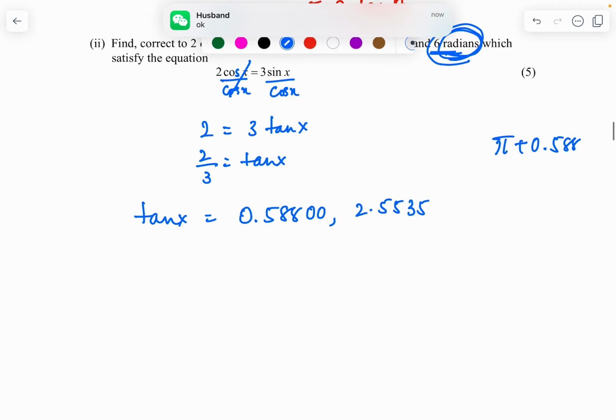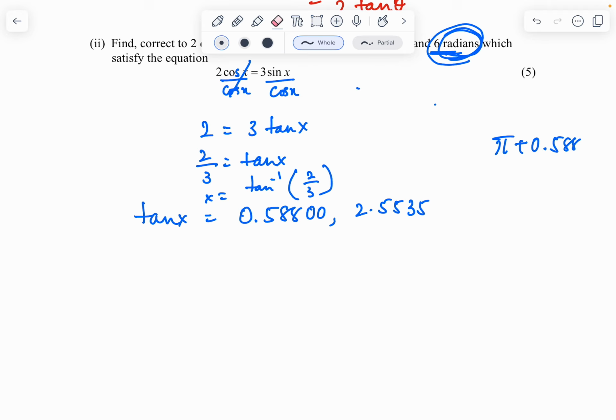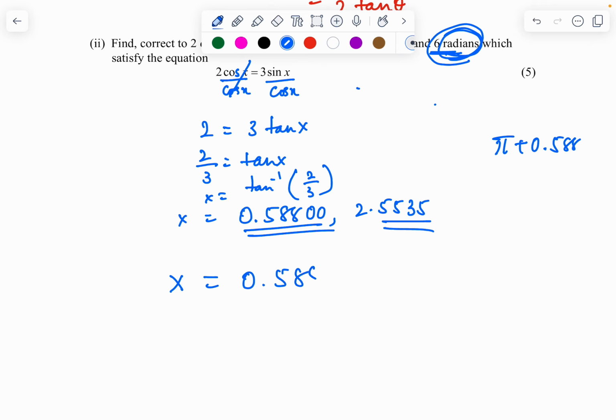So x equals tan inverse of 2 over 3. So x equal to all these values. So value 1 and value 2, while writing at the end, we will make sure that we write it to 3 significant figures. So these are radians. So this is our final answer.